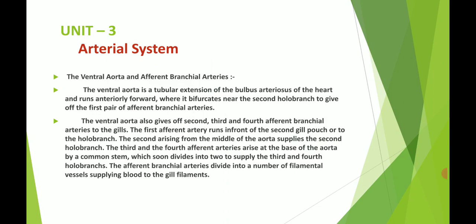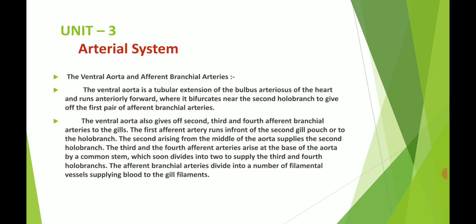The ventral aorta is a tubular extension of the bulbus arteriosus of the heart and runs anteriorly forward, where it bifurcates near the second hollow branch to give off the first pair of afferent branchial arteries. These are the first pair of branchial arteries.